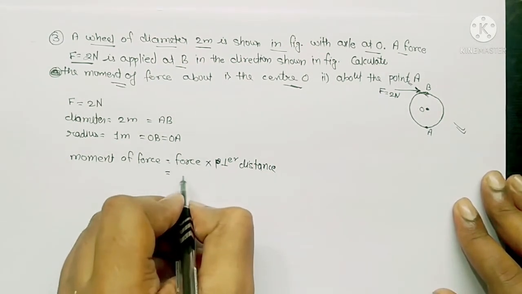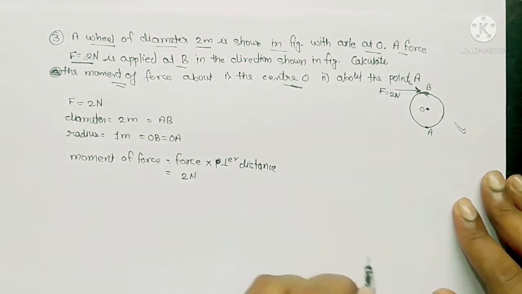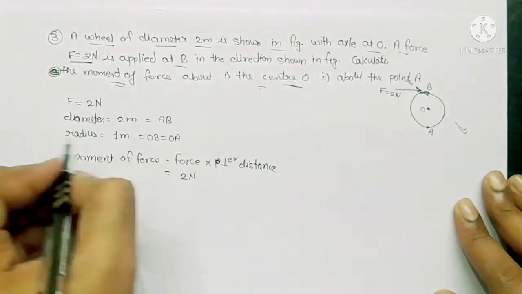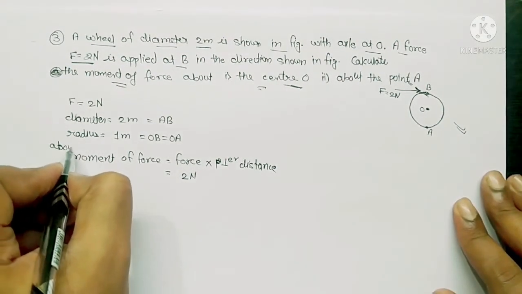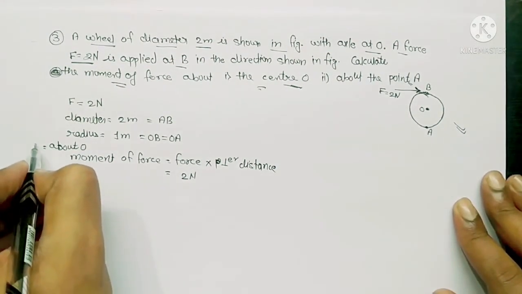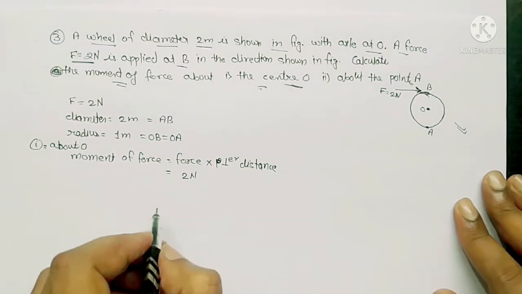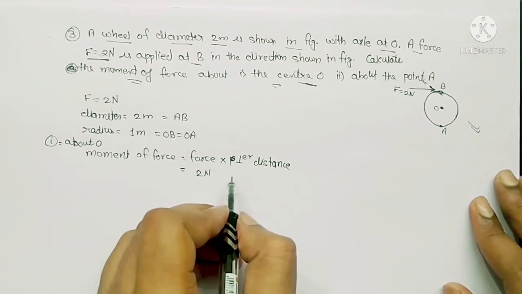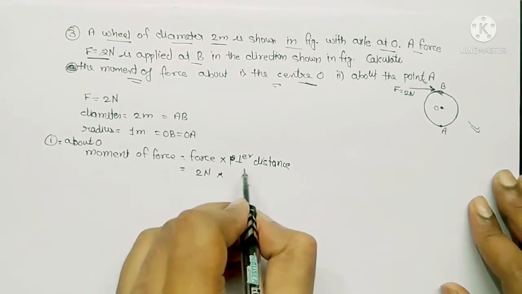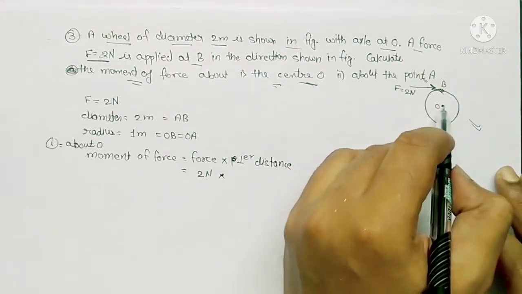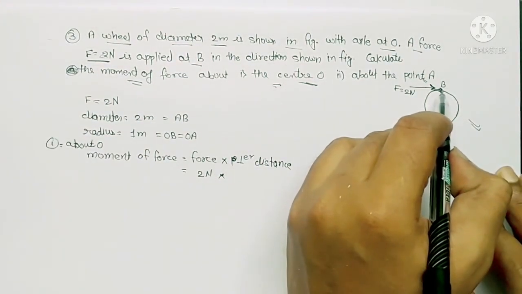Now force is nothing but 2 Newton. So we are finding for the first case, that is about O. That is the first part of the question. Now about O, this is 2 Newton. This is my fixed point and this is the point where we are applying the force.